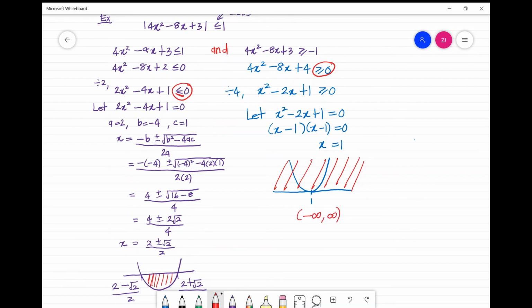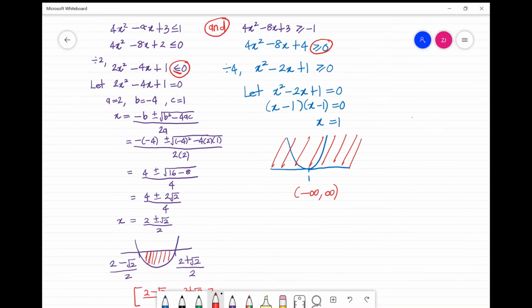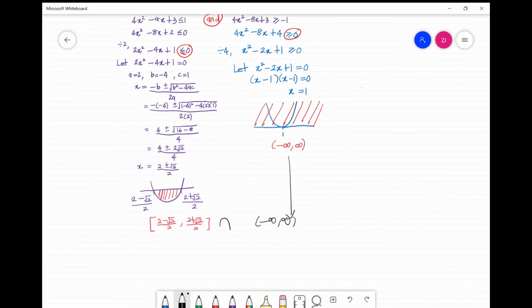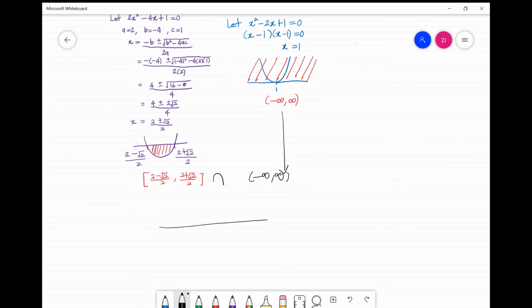But we are not done yet because we need to find the intersection between the two sets. We need to draw a number line. When we draw the number line, we have (2 minus √2) over 2 and (2 plus √2) over 2. So we have this set intersect with all real numbers.